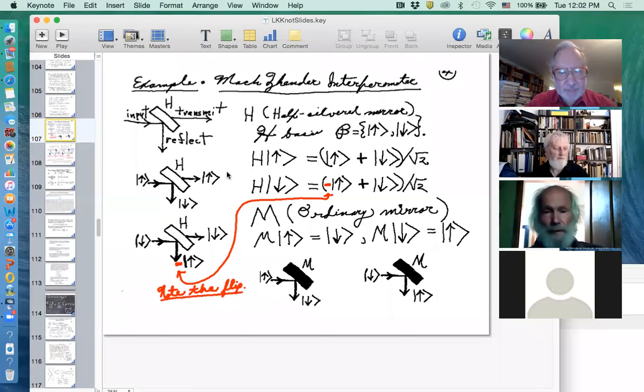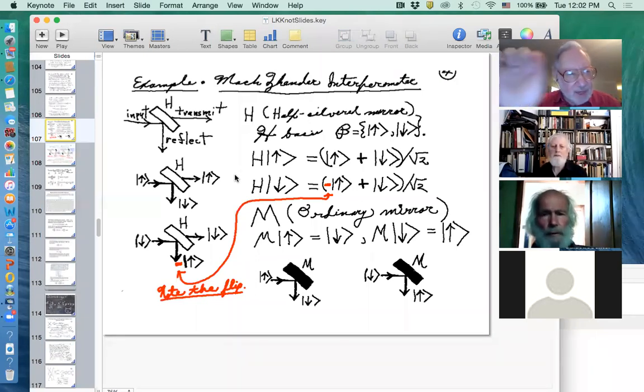I'm back here for a few minutes with these remarks about quantum mechanics. It was pointed out to me that I should redefine my Mach-Zehnder interferometer, so I'm doing so. Here is the half-silvered mirror, and when the light goes through the mirror, it just gets transmitted.